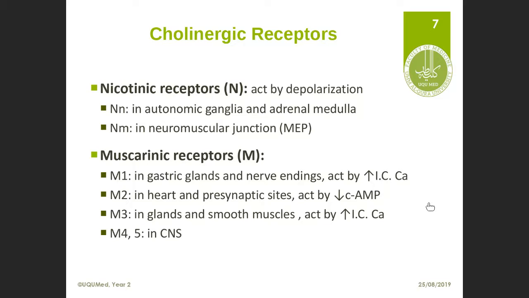Why does it act by lowering cyclic AMP? Because it is the parasympathetic nervous system. This is a very good question. Our heart rate is increased by sympathetic nervous system stimulation. Am I right?